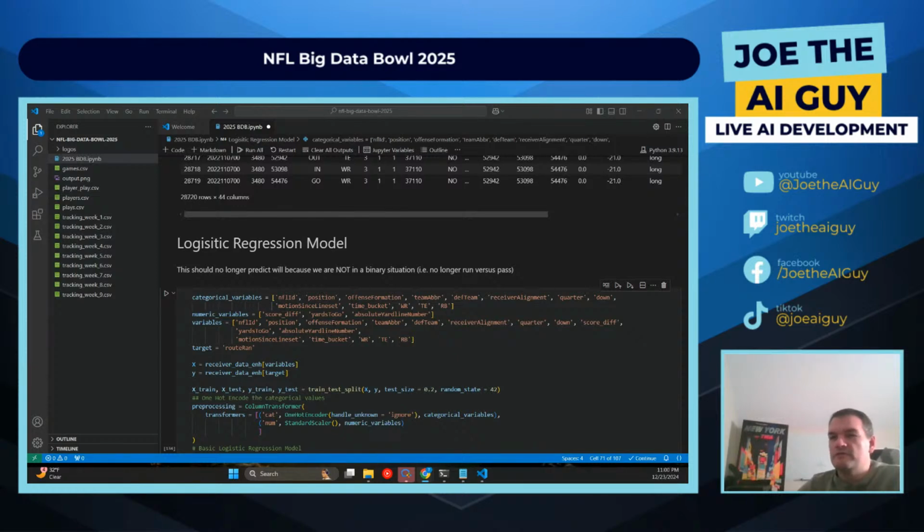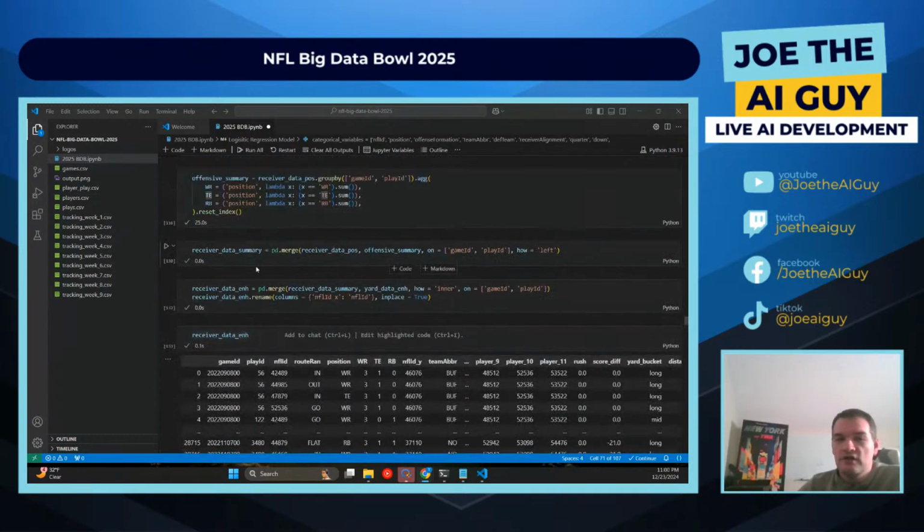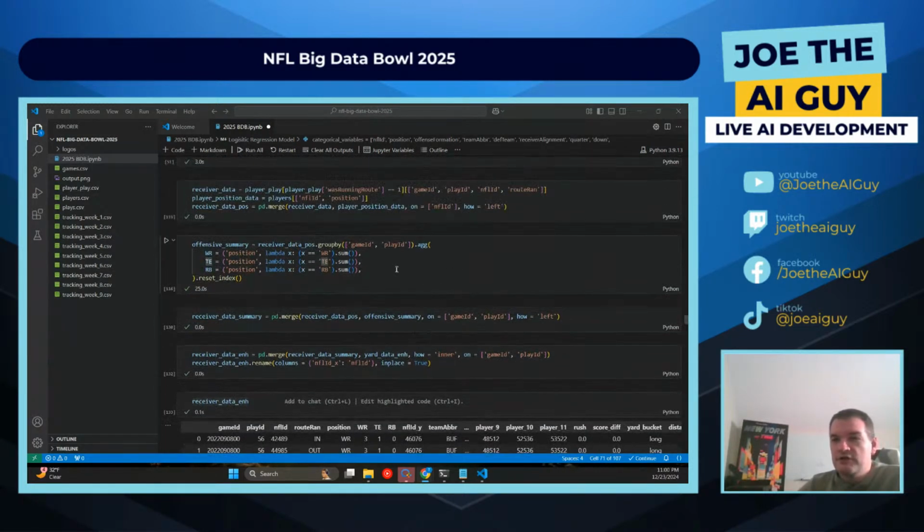So we will probably have to go through and pull the defensive player information to get an idea of what they are doing on a given play. So it'll probably be very similar to here, where we're going to get a defensive summary. So know like the defensive lineman, cornerback, safety, stuff like that.